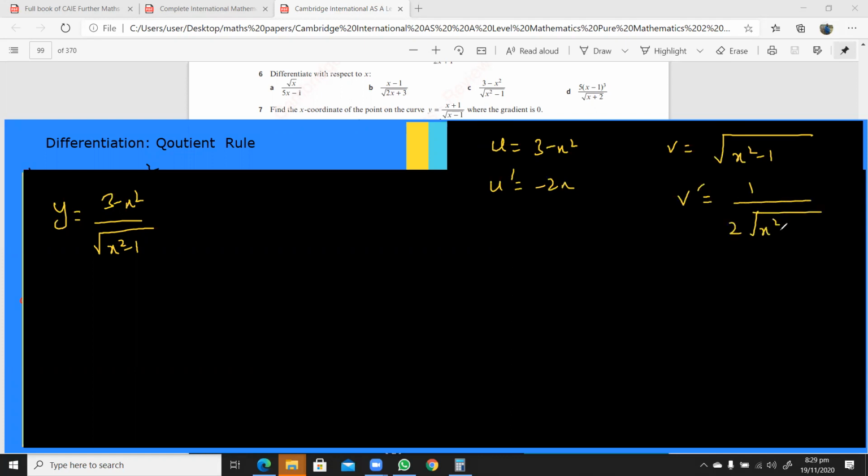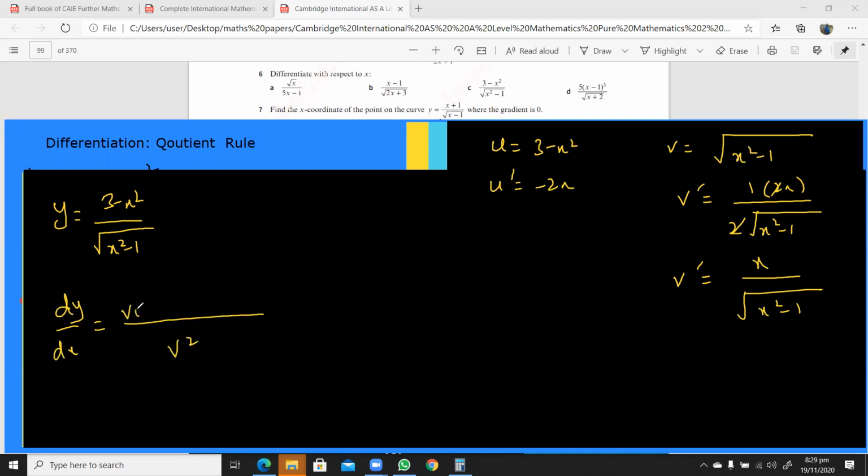You must be very quick at differentiating this square root thing, okay? 1 over 2 under root this, and you write its derivative at the top here. So your v dash is x over the square root of (x squared minus 1). So we are ready with the v dash and the u dash. So let's write the formula again, that your dy by dx is going to be (v u dash minus u v dash) over v squared.